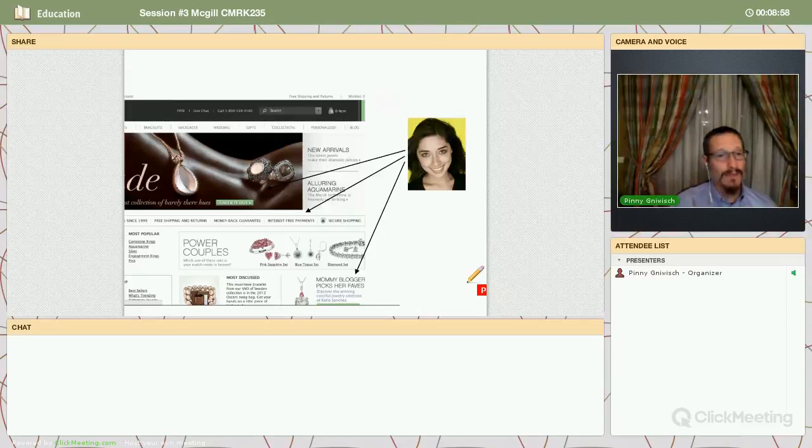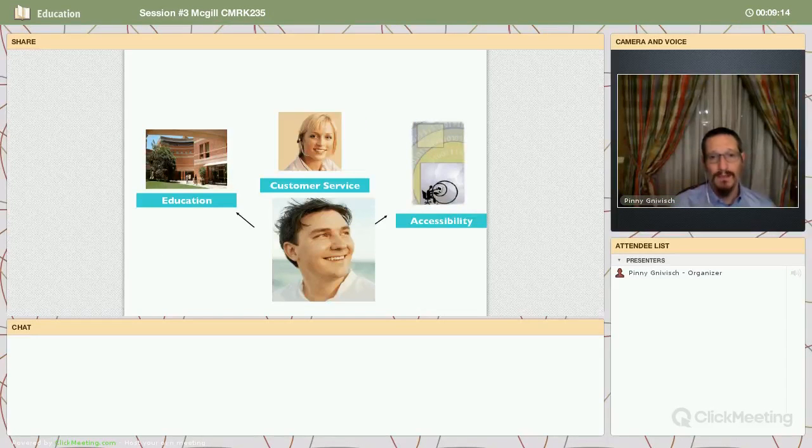And also, we implemented our blog, and our blog was very important because it gave us the opportunity to update fashion forward tips or ideas or news that related to jewelry, which Sarah really related to.